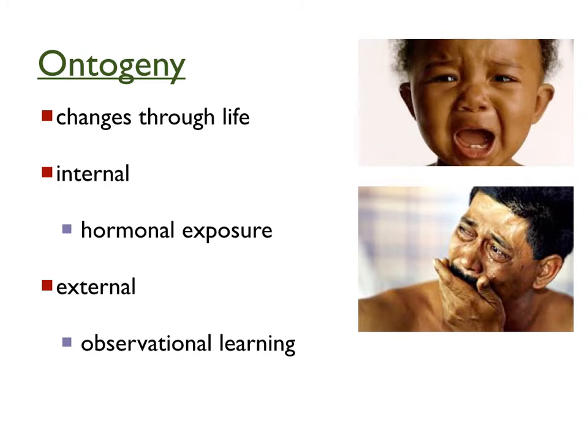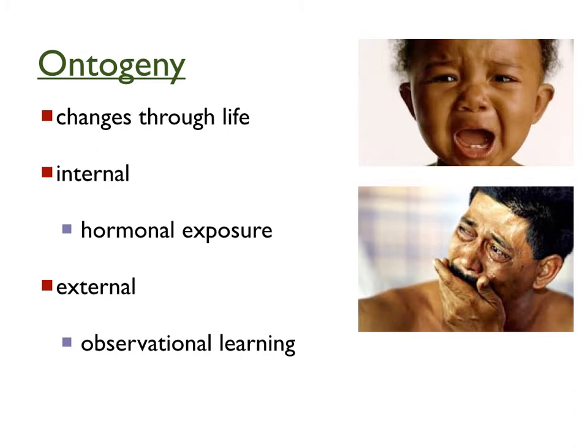Adults generally cry for much more emotional reasons. It's a more emotional crying than children cry for. So when you look at this behavior across the life cycle, you can see how it changes depending on age. And so this is the ontogenetic explanation. Why is this person crying? Well, it will depend on how old they are.